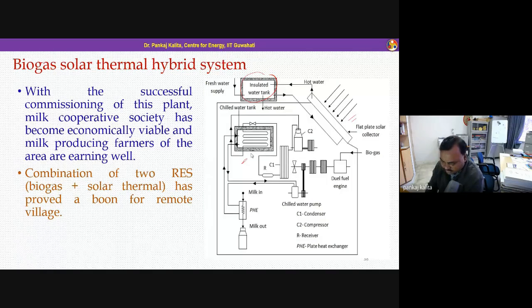With the successful commissioning of this plant, the milk cooperative society has become economically viable, and the milk producing farmers of the area are earning well. Okay, that's the message they would like to give in the paper.